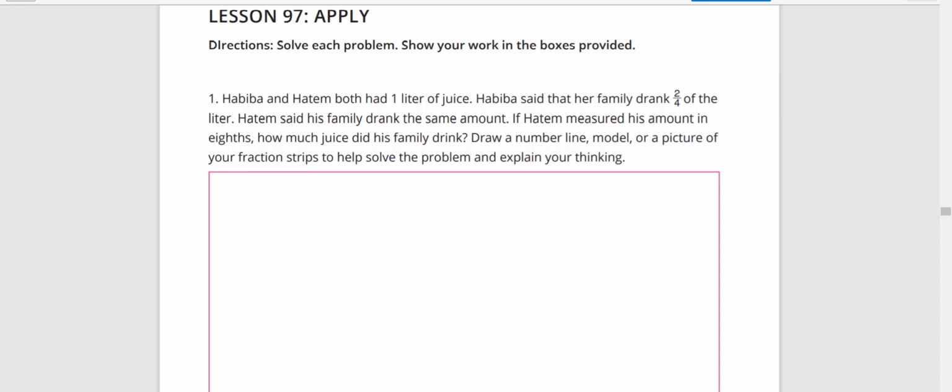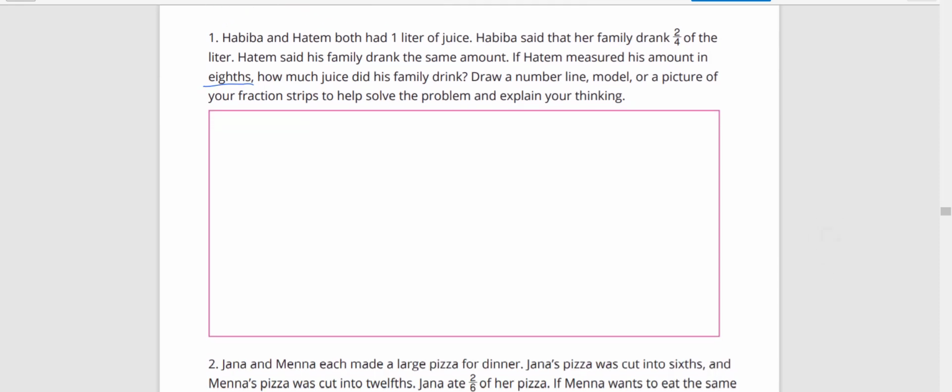If Hatem measured his amount in eighths, how much juice did his family drink? Draw a number line, model, or a picture of your fraction strips to help solve the problem and explain your thinking.